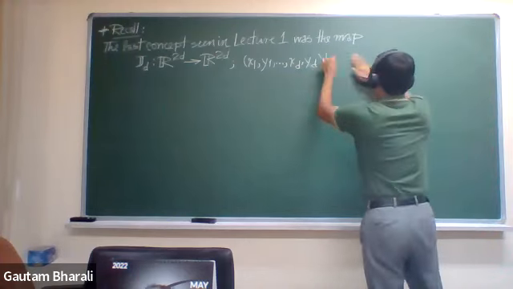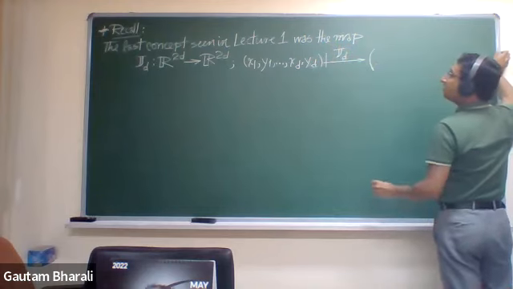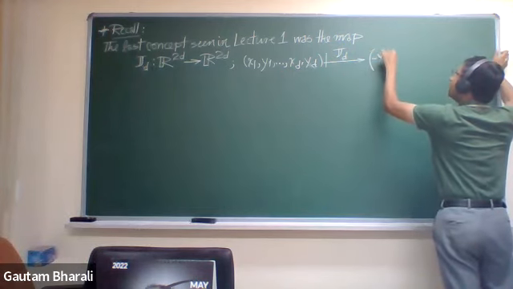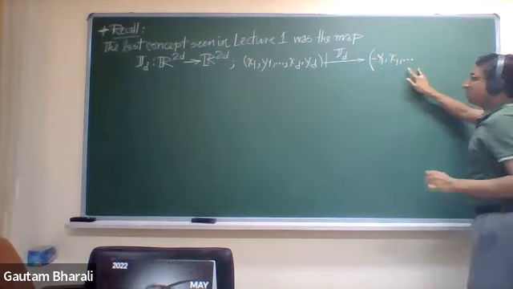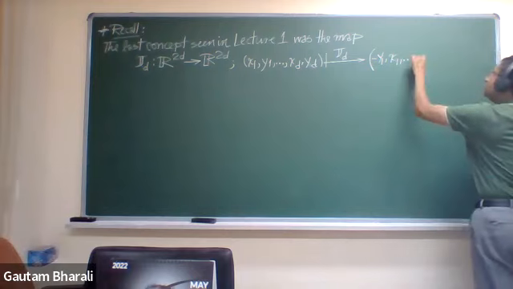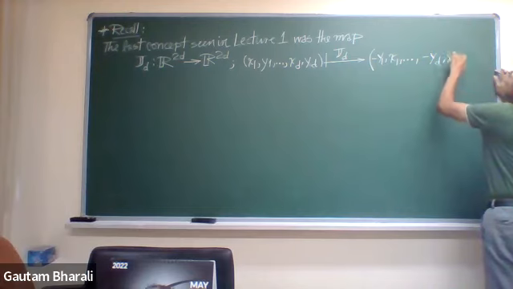This map J sub D carries this vector to the vector minus y1, x1, comma, the next pair of entries would be minus y2, x2, and so on, minus yD, xD.